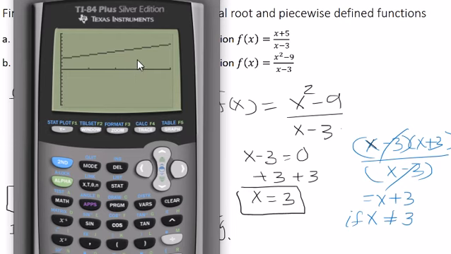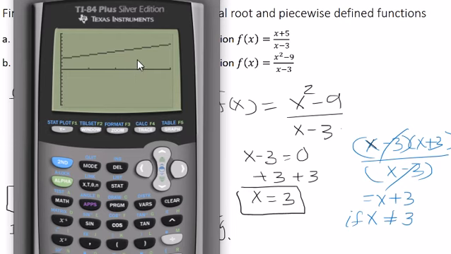Here we don't have the fraction, but we do have the square root, and we cannot have the quantity inside the square root negative. So we've got to find the place where this quantity is going to be negative, and that's going to be this inequality: 2x minus 5 less than 0. So that's when this becomes negative, and we've got to solve this inequality.